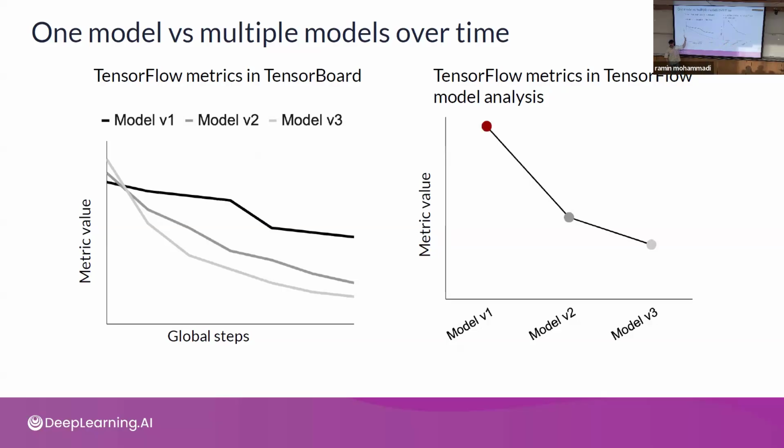TFMA, on the other hand, focuses on one model across different snapshots of time. This is the same model, different versions across different timestamps, and it does the comparison for you and gives you a summary of what happened in different versions of the model. So if you have one model and want to compare it across time, TFMA. If you have multiple models or streaming data, it becomes TensorBoard.